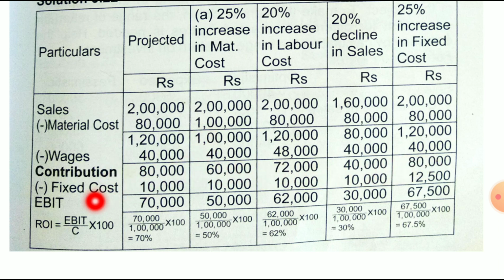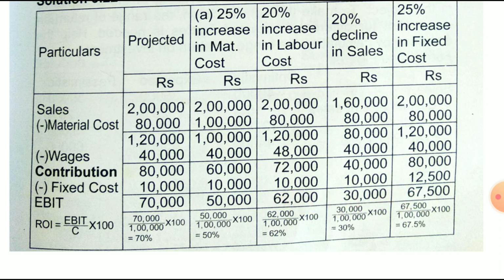So less fixed cost is 10,000, so it will remain same in four columns, but in the fifth column it will change because there is 25% increase in fixed cost. So 10,000 plus 25%, 2,500, so 12,500. So we'll get EBIT, that is 70,000, 50,000, 62,000, 30,000, 67,500.